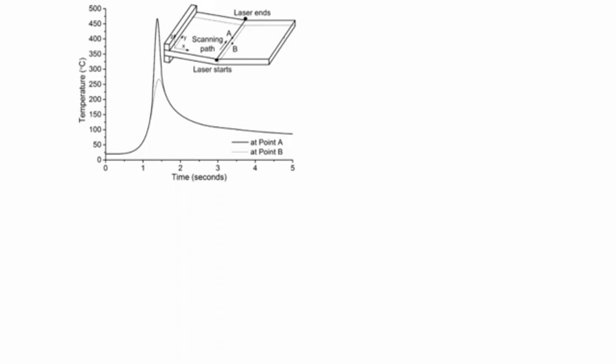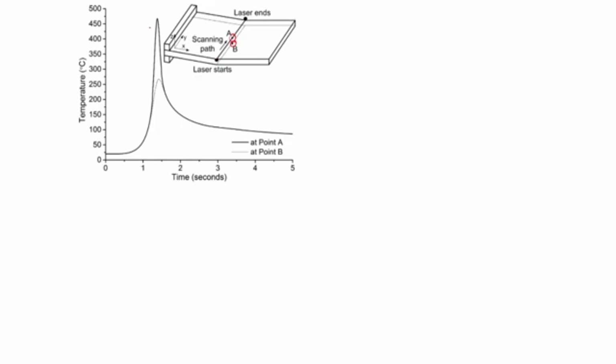So, we have a work part, the laser is starting from this point and it is ending at this point. The point on the top surface is designated as point A, and the point at the bottom surface is point B. So, let us find out what temperature is generated during the laser application.